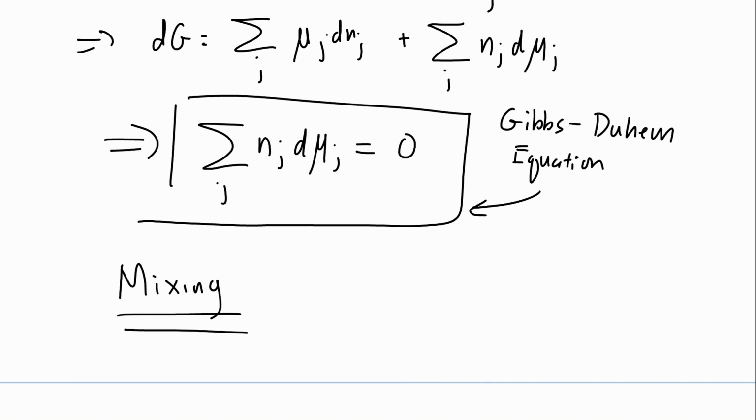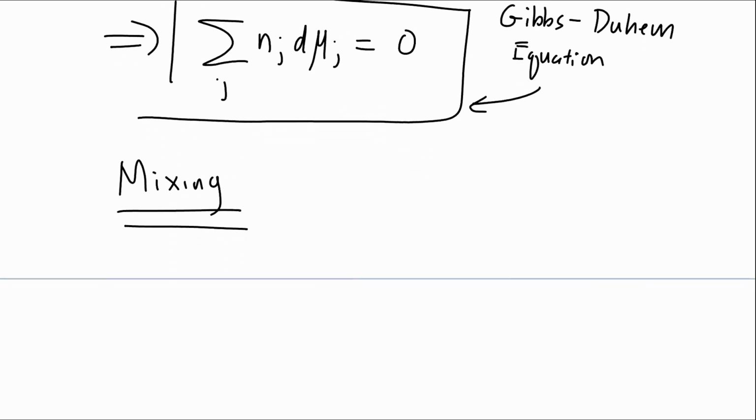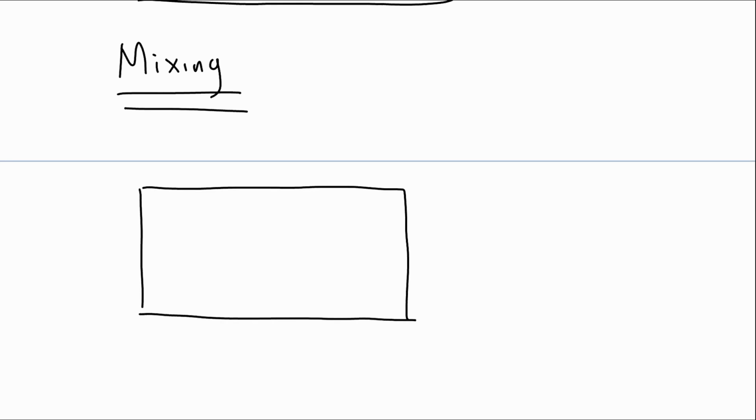And let's talk about mixing, okay? So let me draw this. Mixing of gases.